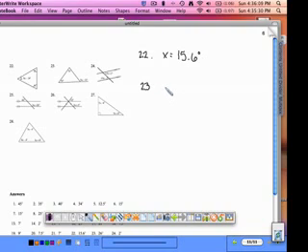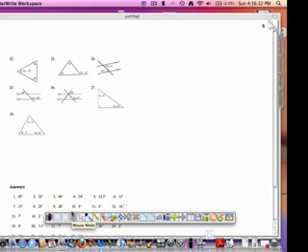Problem 23 is almost identical to problems 17 and 18. So if you need help, refer back to those, and when you finish solving, you should get an answer of x equals 26 degrees. Pause the video and complete problems 22 and 23.